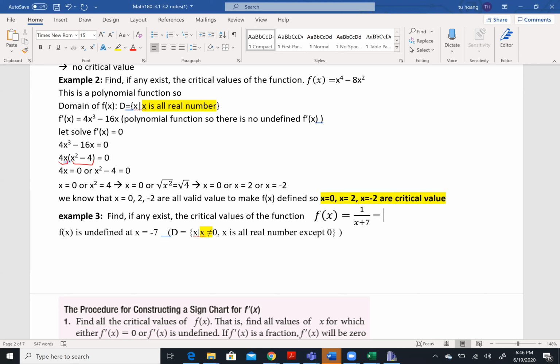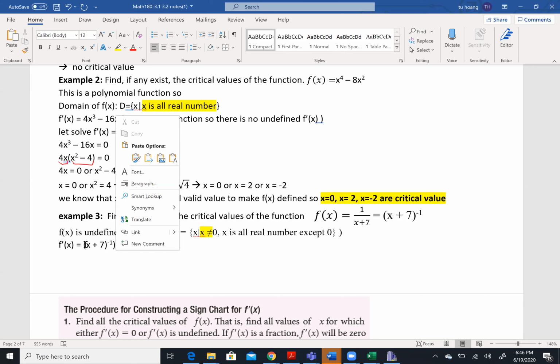So I'm going to have x plus 7 to the power -1. F'(x) will be equal to x plus 7 to the power -1, and then the derivative of that. You take the derivative of this.